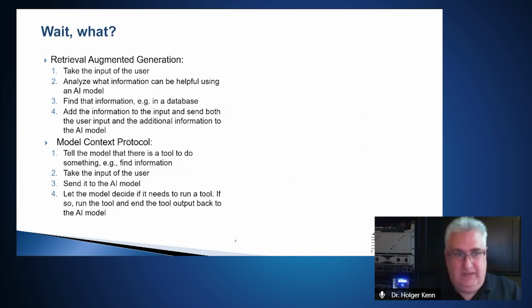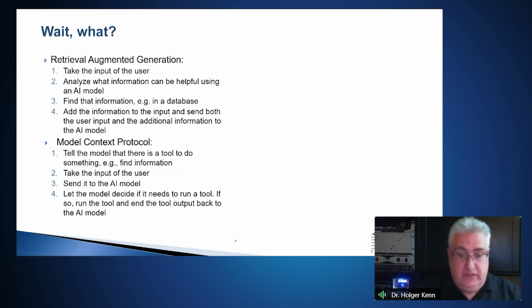I don't want to read this whole slide, but just to give you an idea, the idea of retrieval augmented generation is there is information missing. There may be information that the model knows about, but the information that's needed for answering a very specific question may be buried deep in the training data set of a model. So instead of hoping for the best and hoping that the model just finds this, we can just throw in additional information when prompting a model.